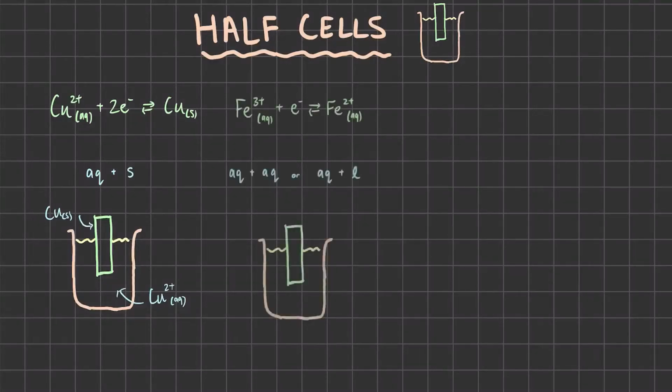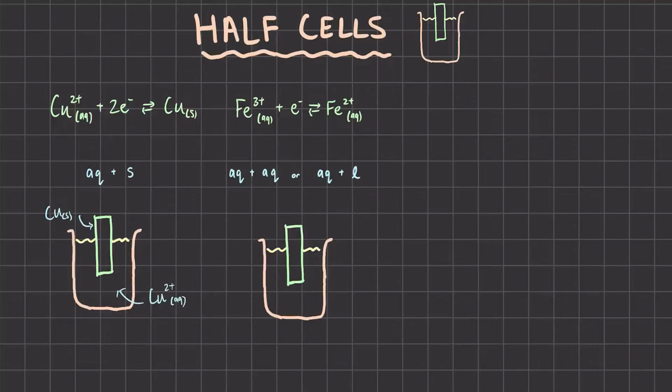Now, what happens if we don't have a solid metal? This reaction contains iron 2 plus and iron 3 plus, which are both metals that are in the aqueous state. And what I'm about to say is also true if one is aqueous and the other is liquid. But in both cases, we need to use an inert electrode. Inert just means that the electrode does not react with anything else. And this is because we don't want to have an electrode that is going to cause unwanted side reactions.